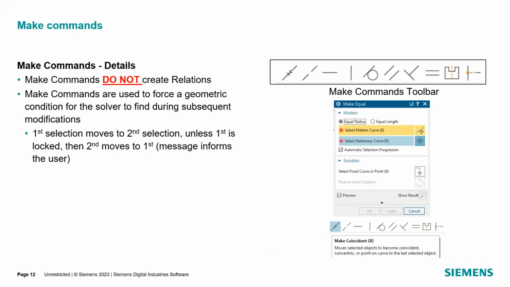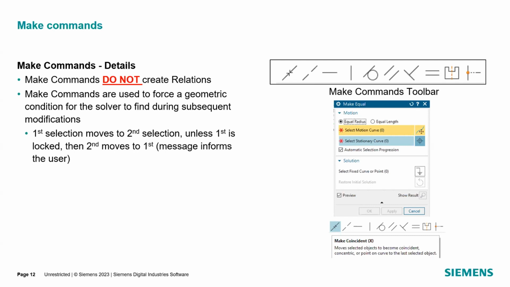So then there are the make commands. Many people will look at this and think, well, that's a geometric constraint, right? It actually is different. So we call them make commands. It's not creating a specific relation. It's putting some information into the solver so that we know, hey, make this coplanar, make this tangent, make it perpendicular, right?